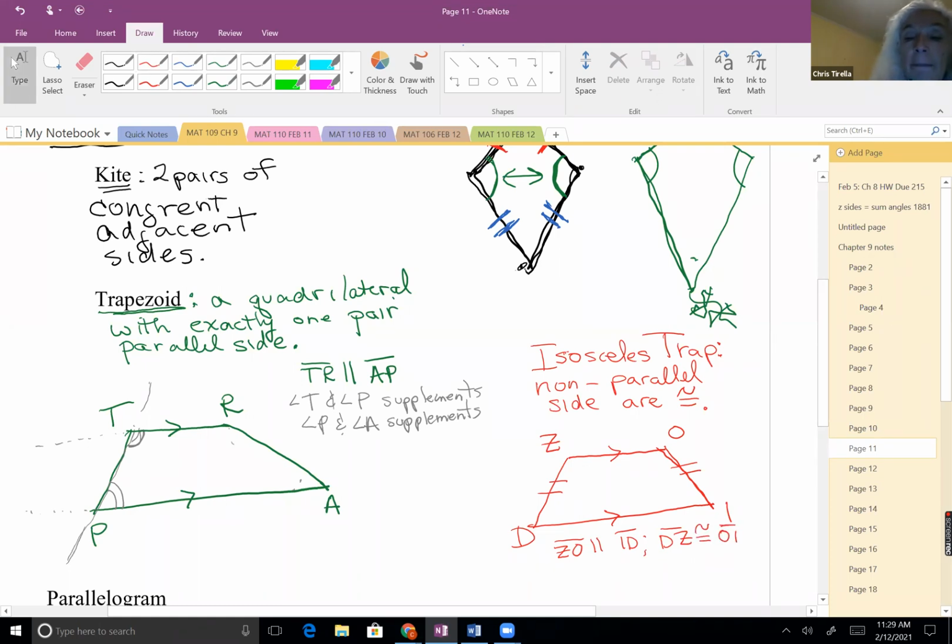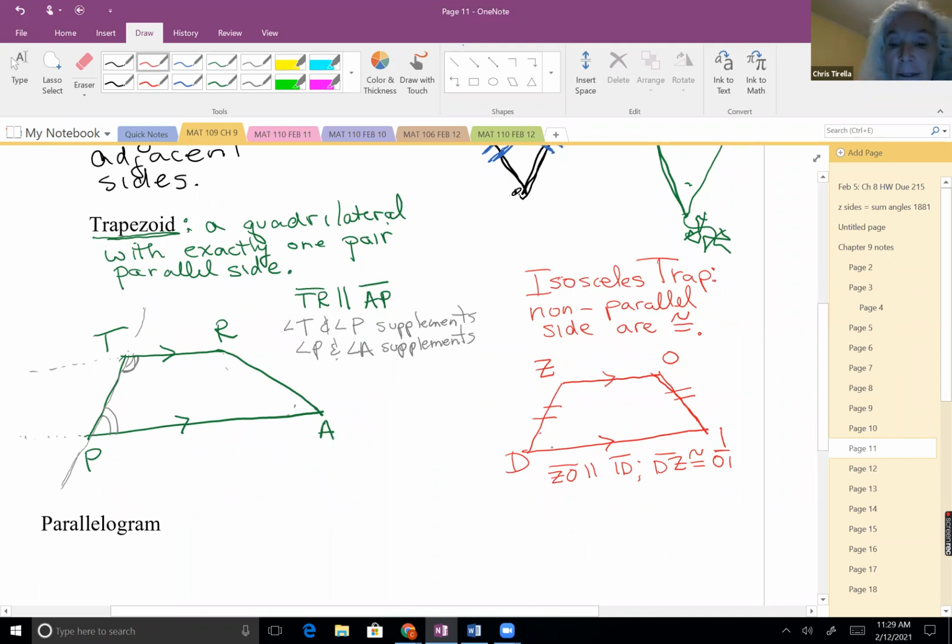And what happens, these angles are considered base angles, and they turn out to be congruent if it's isosceles. So we'd be able to say that angle D is congruent to angle I, and also that angle Z is congruent to angle O.